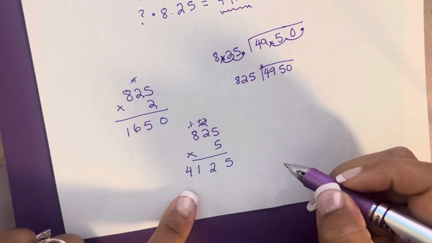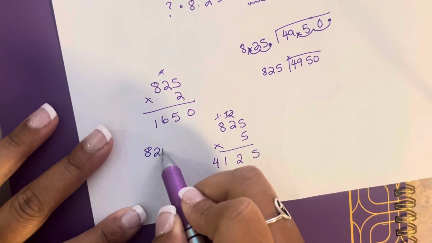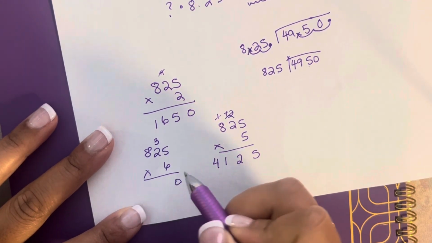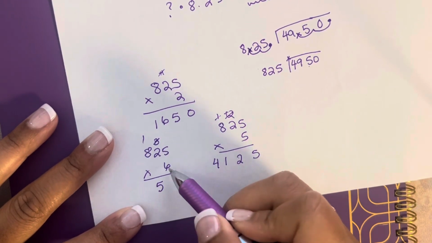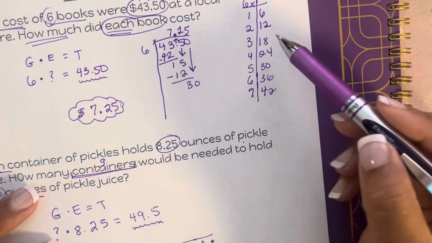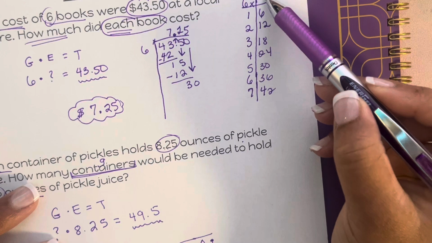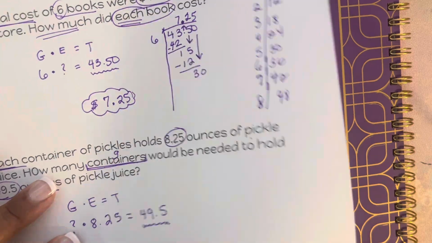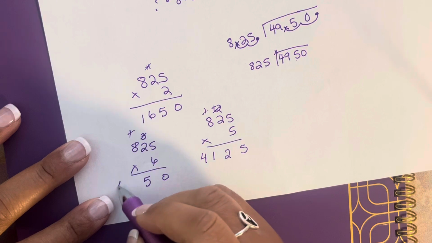Let's see if we can go further without going over that. So I'm going to do times 6. 825 times 6. 5 times 6 is 30. 6 times 2 is 12, plus 3 is 15. 6 times 8, well, it helps to do your T-chart, so you can always look back at that. 6 times 8 is 48. 48 plus 1 is 49, and guess what?